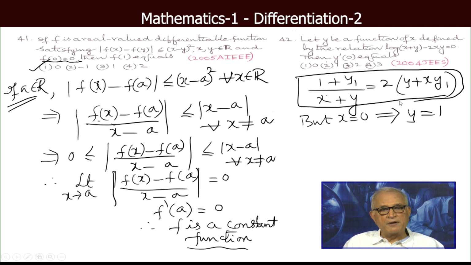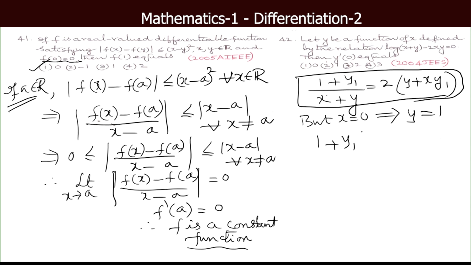Therefore 1 + y1(0) is equal to 2, and that is all, because x is 0, so x y1 will be 0. Therefore y1(0) is equal to 1. That means the value of dy/dx at x = 0 is 1. So that is the second option.